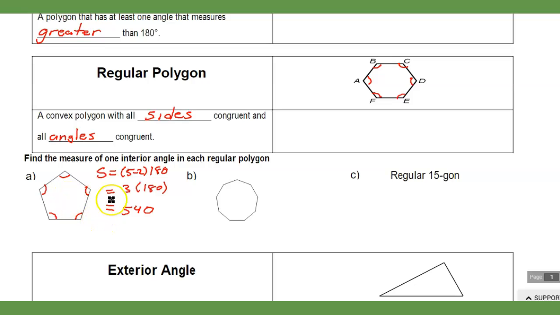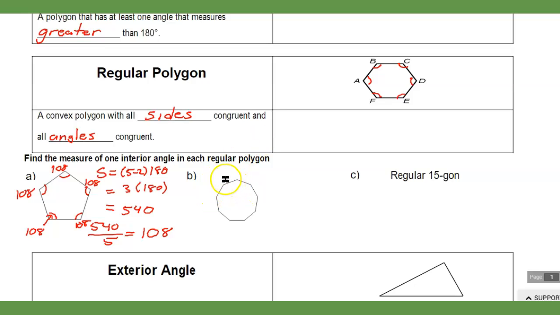Which means each individual angle is just going to be 540 divided by 5. And that comes out to be 108 degrees. So each of these right here are 108 degrees all the way around. Okay. There we go. And if we added those all up, it would come out to the 540.